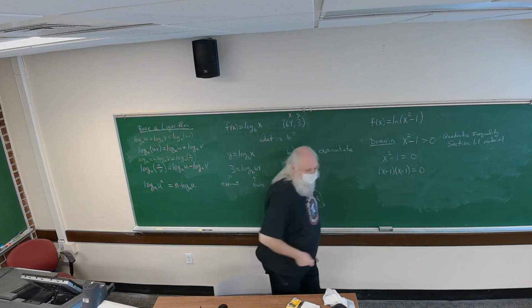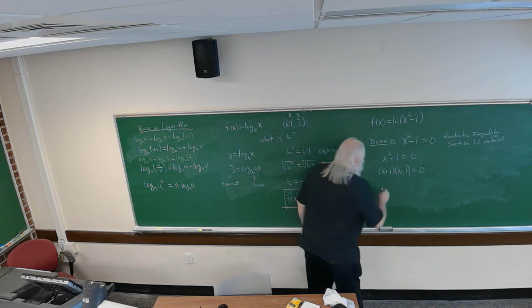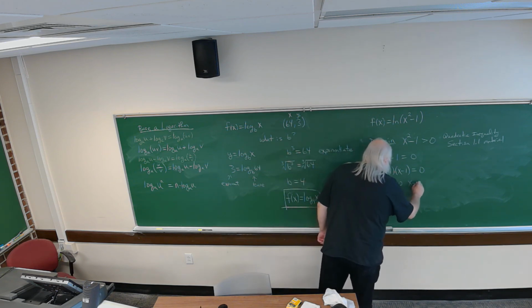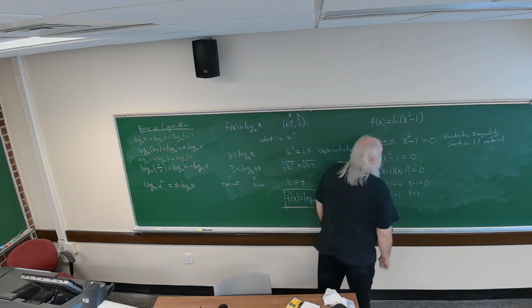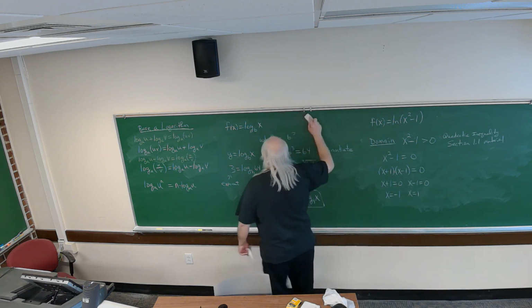It's actually a difference of squares. And so you set the first factor equal to 0, the second factor equal to 0, and when you solve for x, you get x equal to minus 1 and x equal to plus 1.